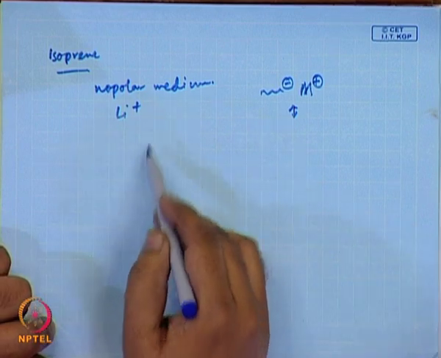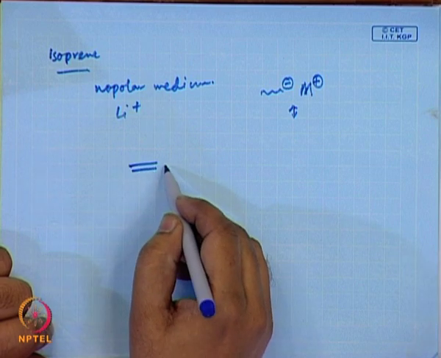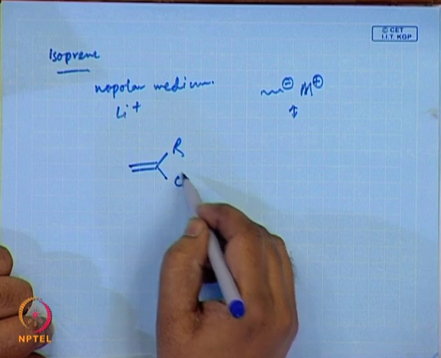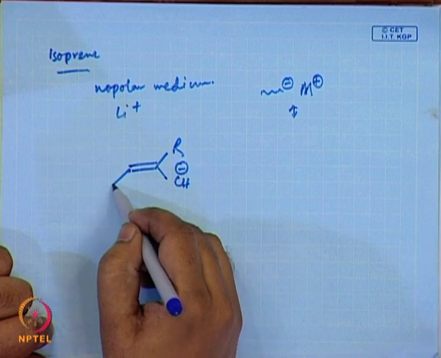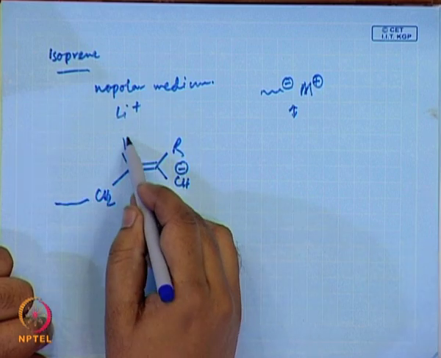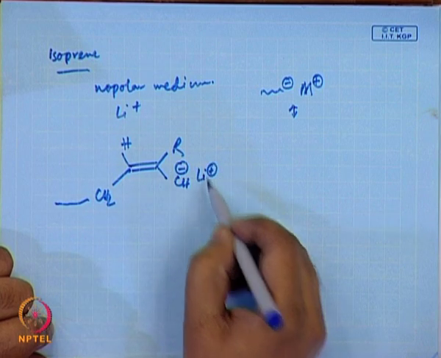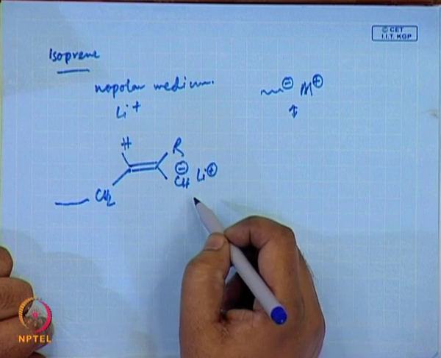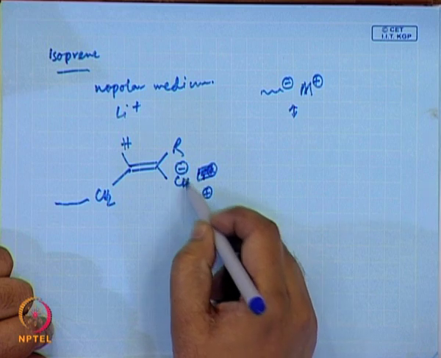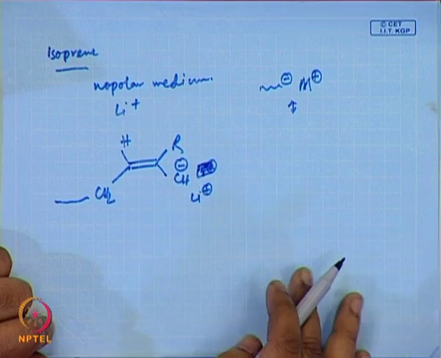Now, if you use this condition and make a polymerization of, say, a conjugated diene, this counter ion lithium, so let us write here, will be very close, they are not isolated.